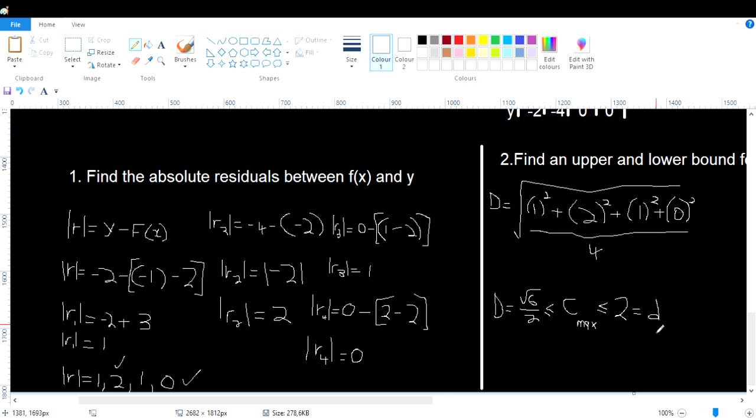Here is the upper bound, and here is the lower bound. This one is the final answer.